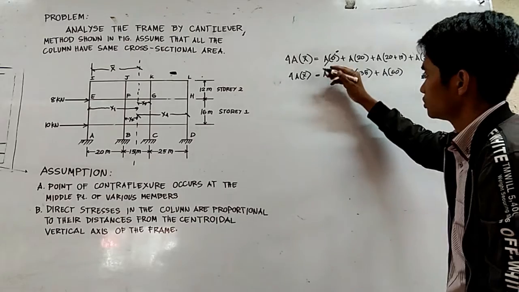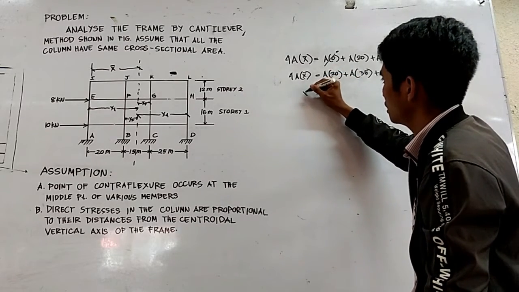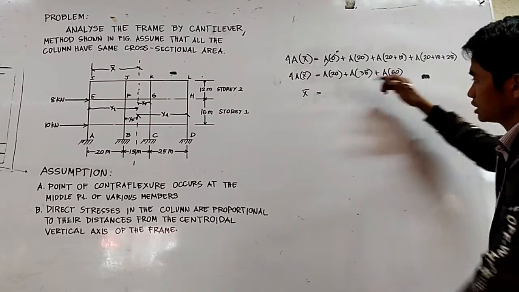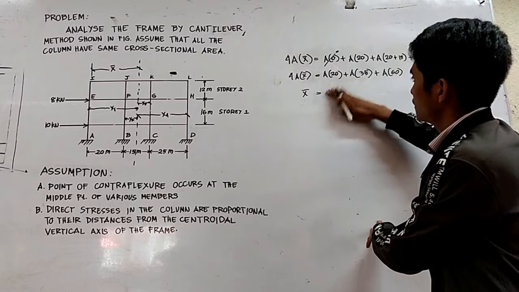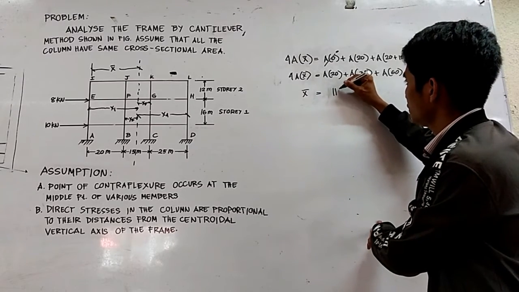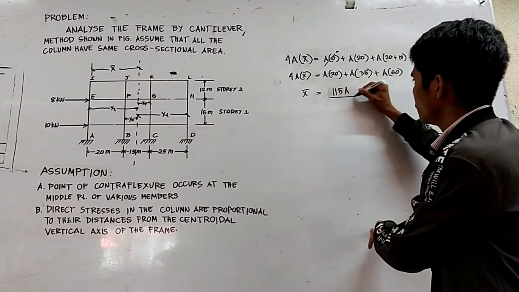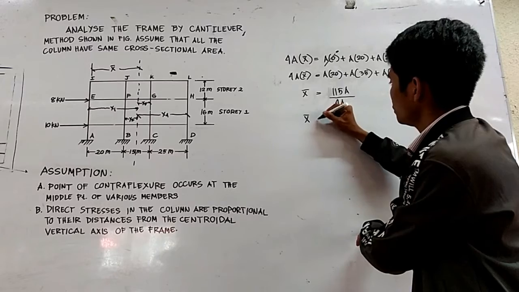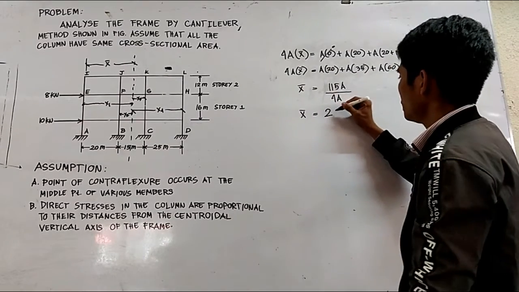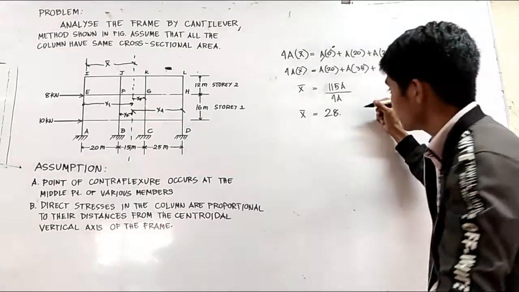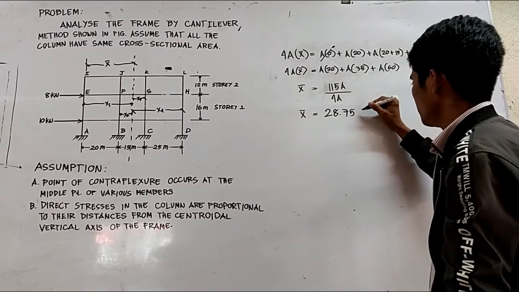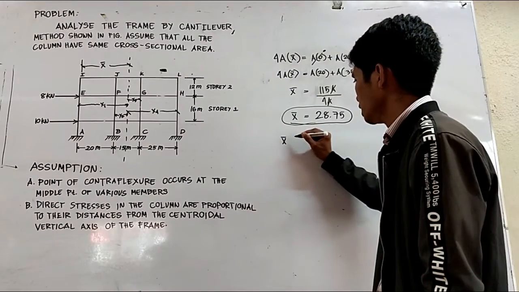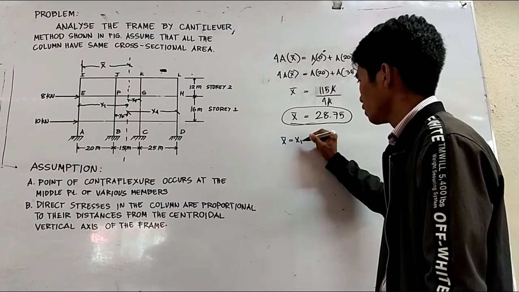We transpose, and X bar equals the sum, 115A all over 4A. The value of X bar is 28.75 meters.